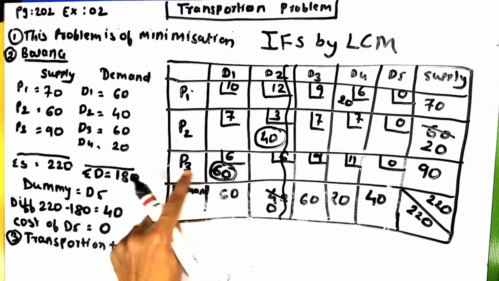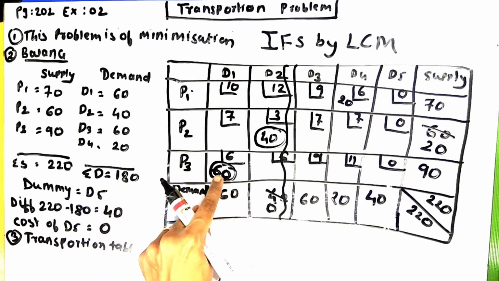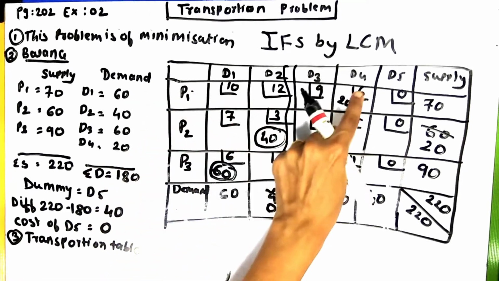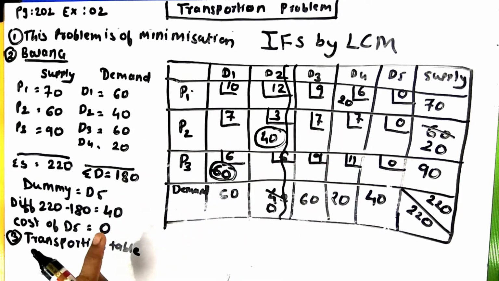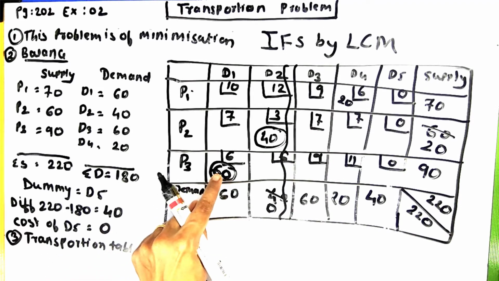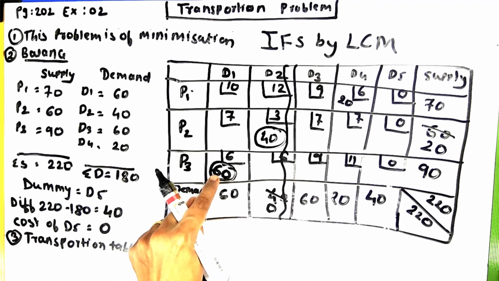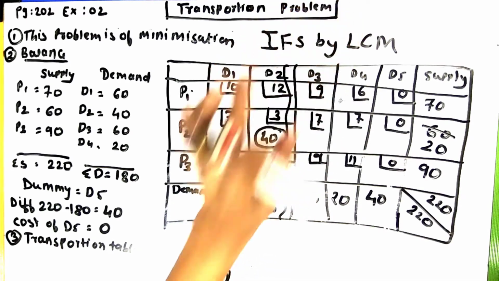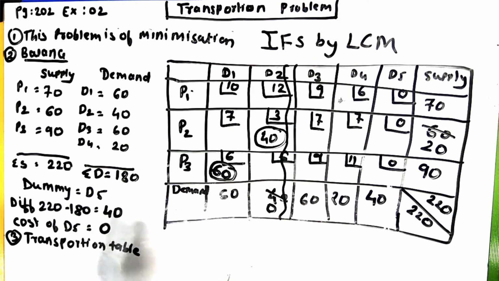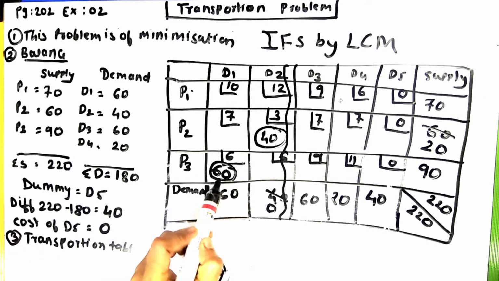From P3 D1 I got an allocation of 60 and from P1 D4 I got 20. The maximum is 60. So we'll give allocation 60 and not 20. The 20 we will consider later.